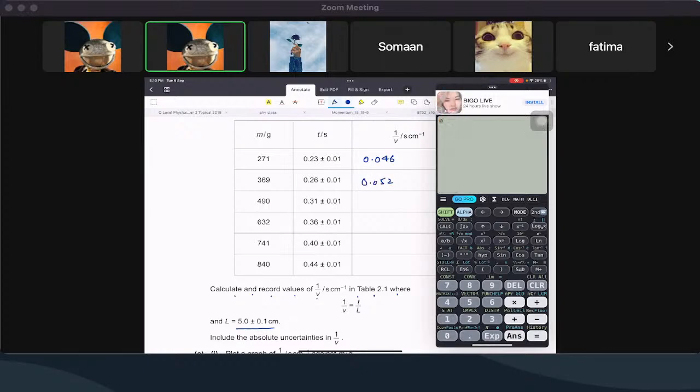And then 0.31 divided by 5, that's 0.062. 0.36 divided by 5, that's 0.072. 0.40 divided by 5, that's 0.08, and I'm going to add a 0 here just to make sure that my significant figures are the same, right? Then 0.44 divided by 5, and that's 0.088, right?